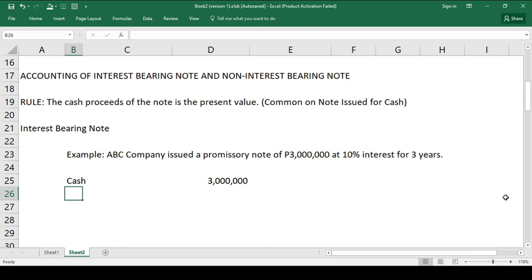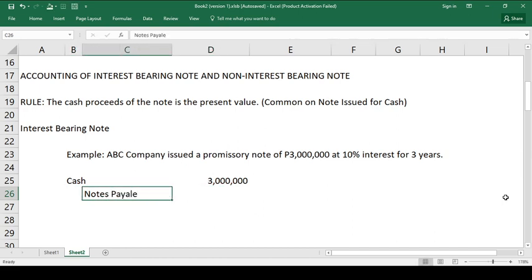That's the value of the cash proceeds. So we debit cash for 3 million pesos, and credit notes payable for 3 million pesos.